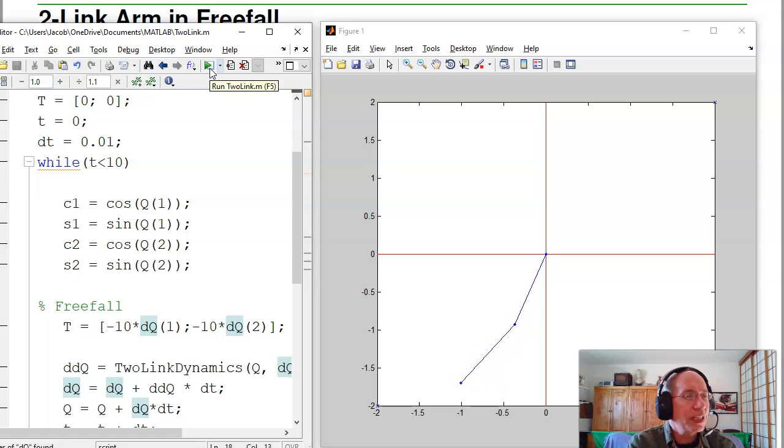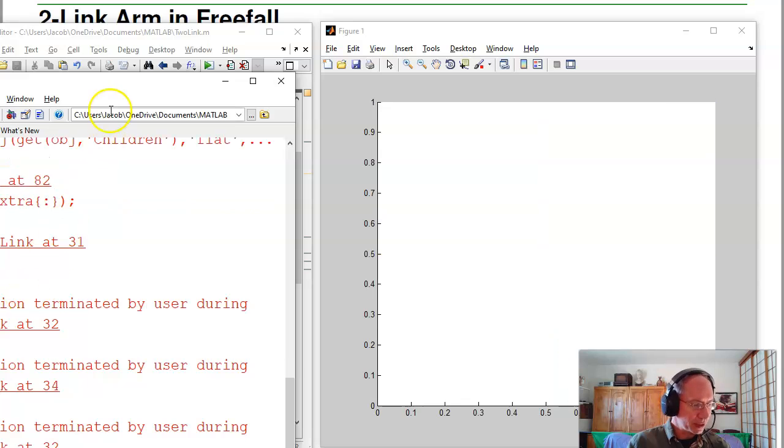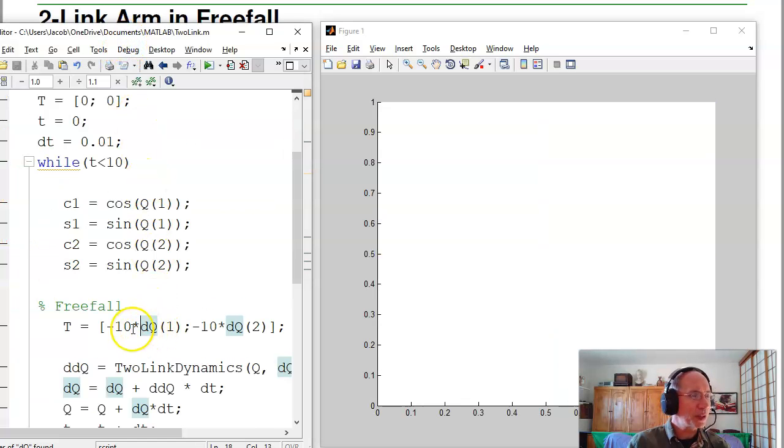And it's kind of like it's swinging back and forth in molasses. It decays out. I can play games such as, suppose I put friction on the first link, put friction on the second link, but not the first link.